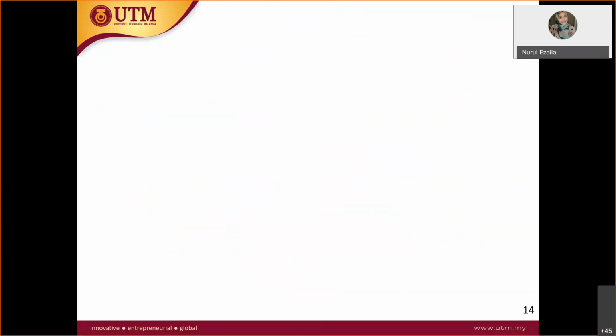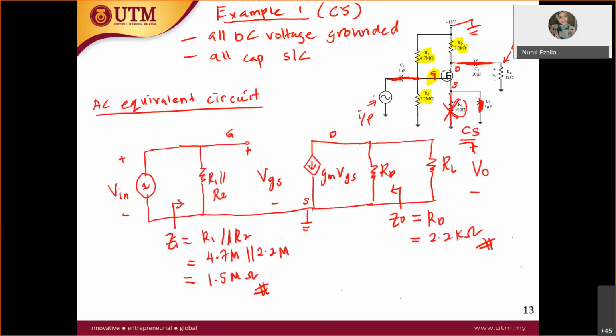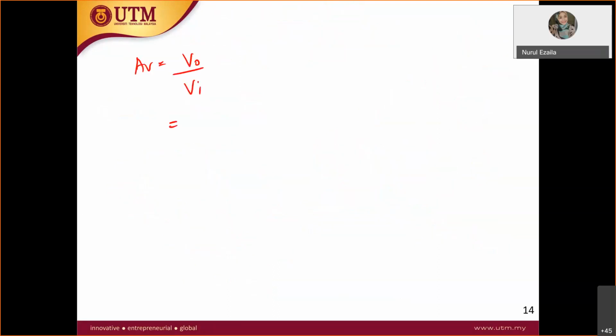V out is the voltage across two resistors. As you can see, your V out is over here. So this V out is actually the voltage across RD parallel with RL. So the total resistor is RD parallel with RL.